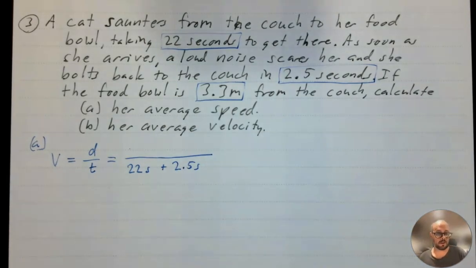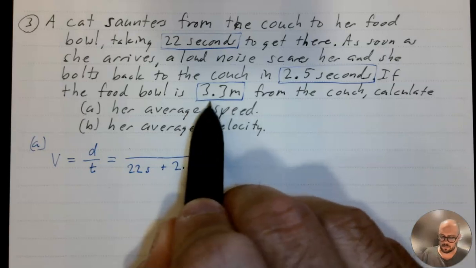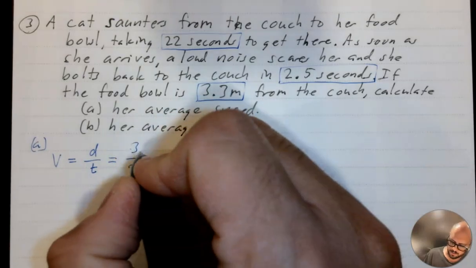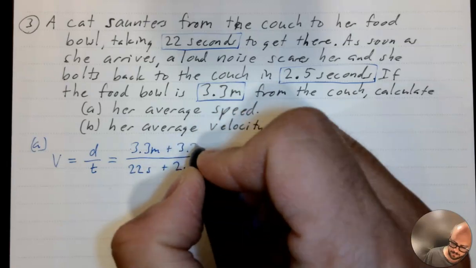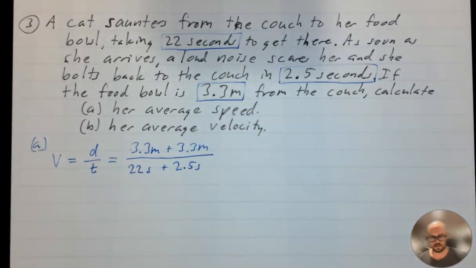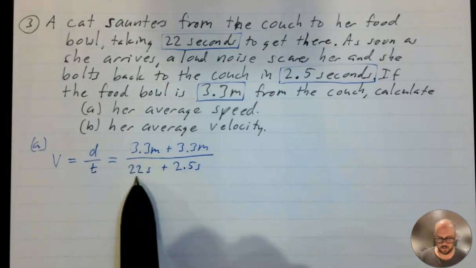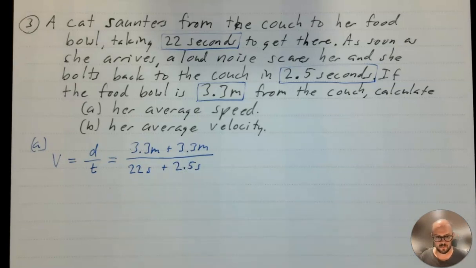And now we still have to keep in mind, the cat goes from the couch to the bowl, and then from the bowl back to the couch. So she does this 3.3 meter trip twice. And just to group everything together, I'm going to add it to itself. What this is showing me is the cat goes 3.3 meters in 22 seconds, and then also goes 3.3 meters in 2.5 seconds.